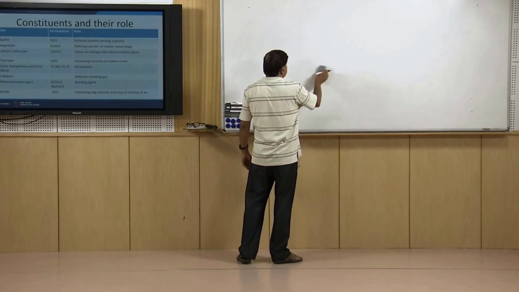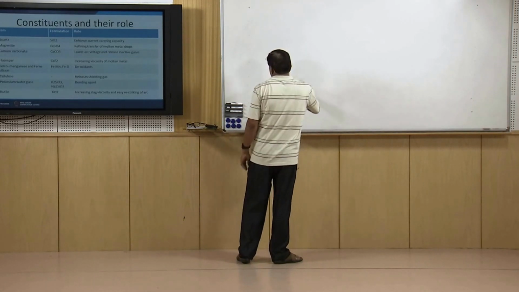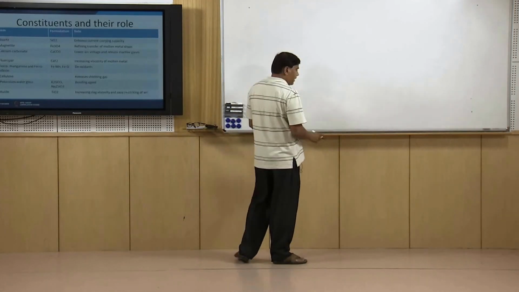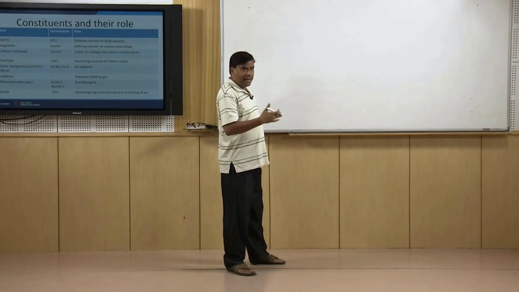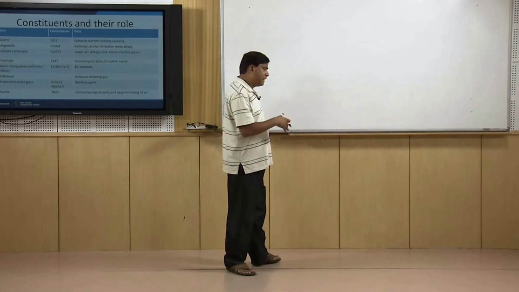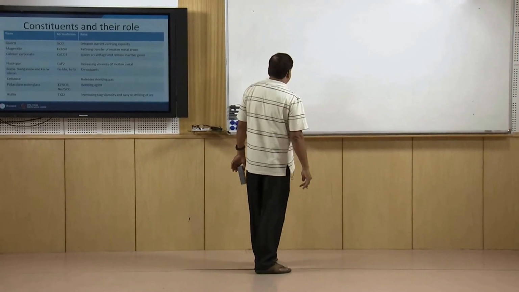While in general electrodes are sometimes designed to have very good electron emission capability, so using DCEN or straight polarity always helps to have good arc stability.